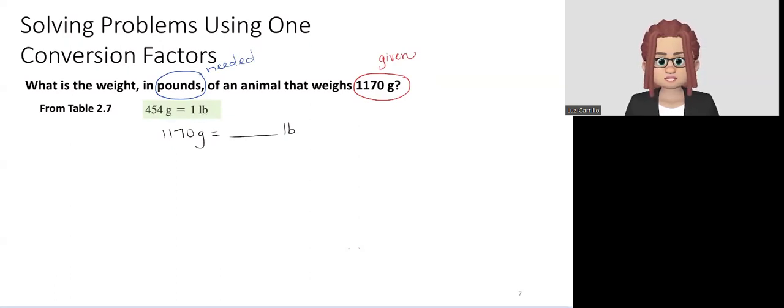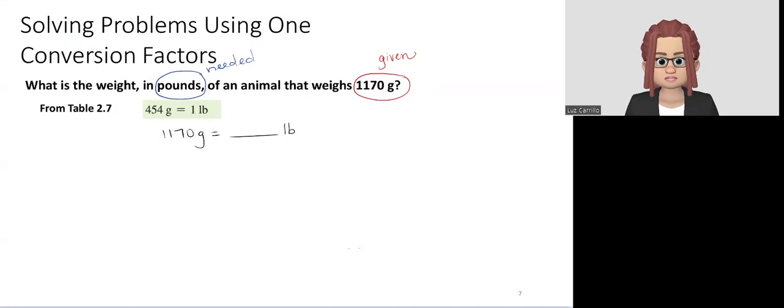Now, using all of this information, how do we convert this unit to pounds? One of the techniques that we utilize in chemistry is dimensional analysis. And in dimensional analysis, we are using the idea that since equalities can be turned into fractions, then we can set up the problem such that the units that are given and how that matches our equality can lead us to find the result.